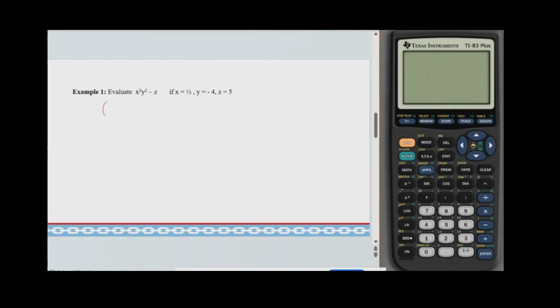So I'm going to put each variable in parentheses. X to the third. Well, they tell me here that x is equal to 1/2. And then I have y squared. They tell me that y is -4. And then minus z, which is 5.